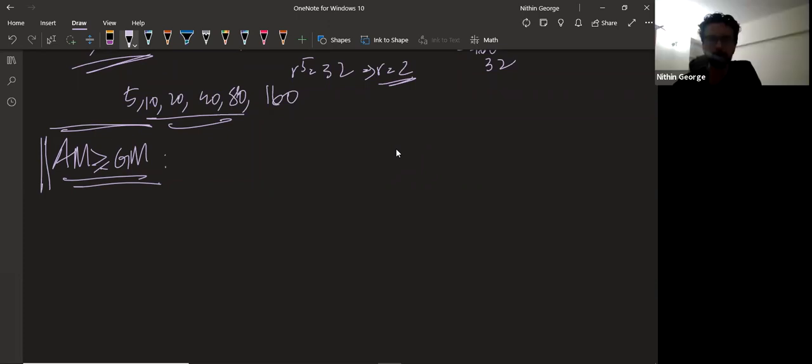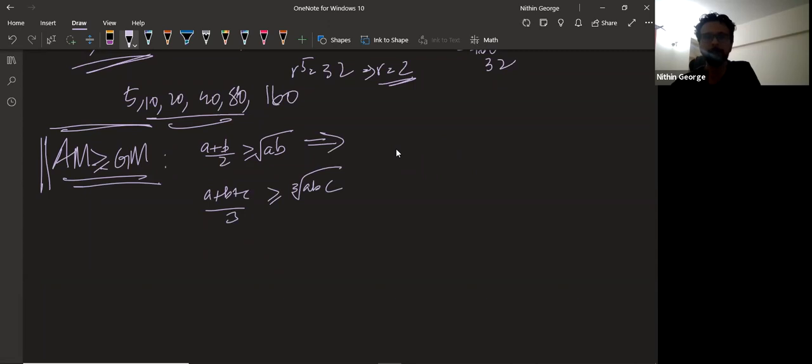So if you have two terms, A plus B by 2 greater than or equal to root of AB. Okay, if you have three terms, then A plus B plus C by 3 greater than or equal to cube root of ABC. How did this come? Just for the first one, I'll explain.